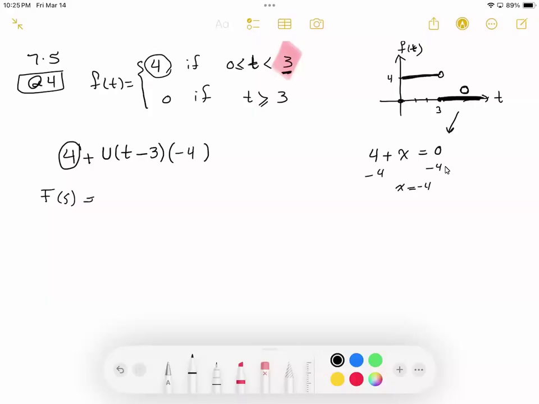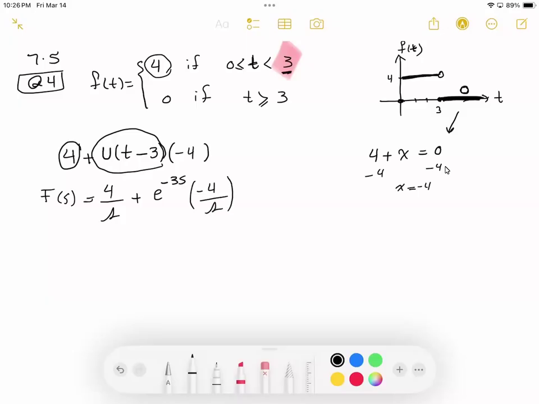So the transform of 4 is going to be 4 over s, and then u(t minus 3) is going to give you, we have a plus sign, e to the power -3s, and -4 is going to be -4 over s again.